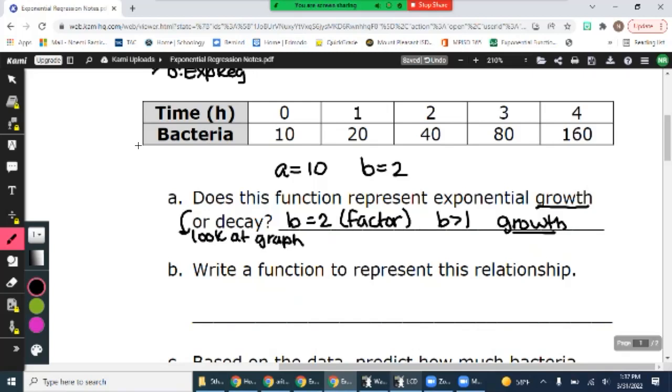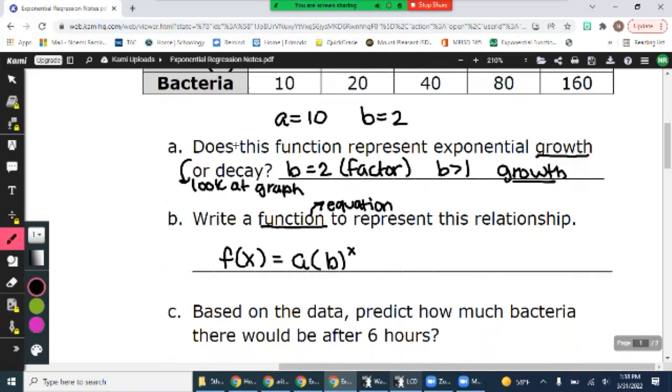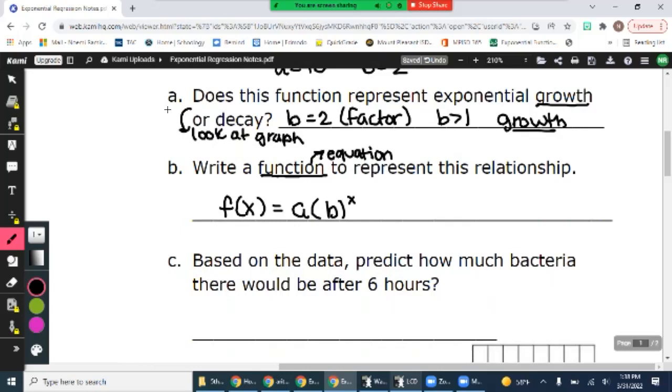It says, write a function to represent this relationship. To write a function means to write a what? Equation. To write a function means to write an equation. Once again, especially on the notes, we're not going to be lazy and not write the original formula. f of x is equal to a times b to the power of x, especially with exponentials, because this formula is not on the reference chart.